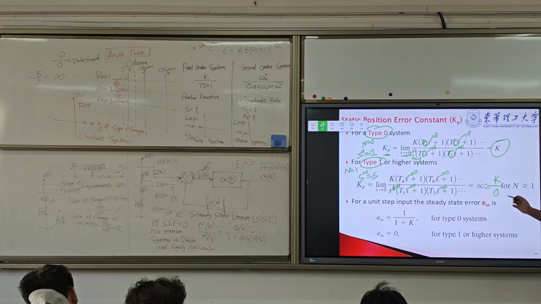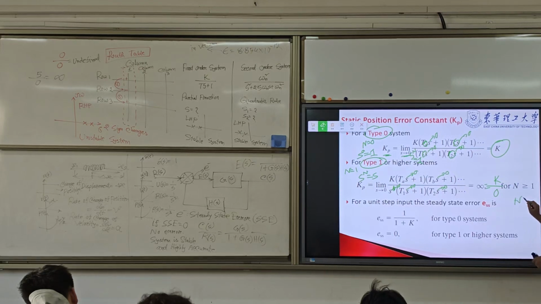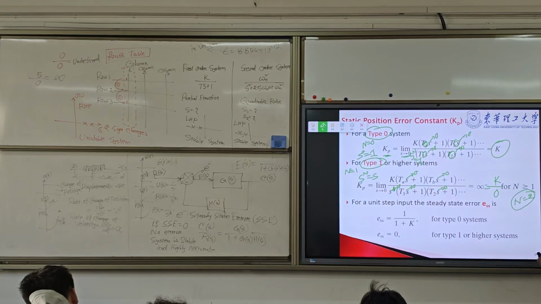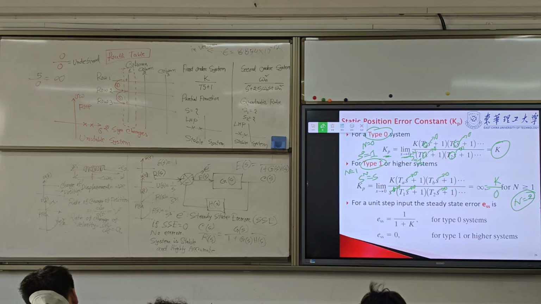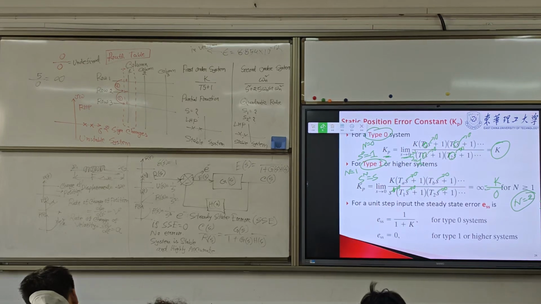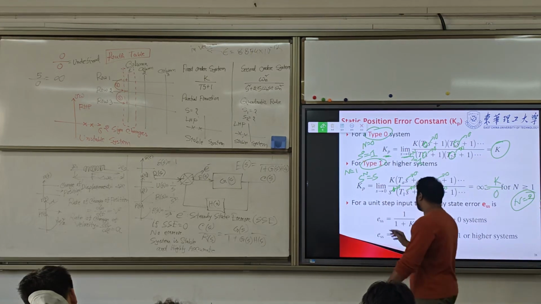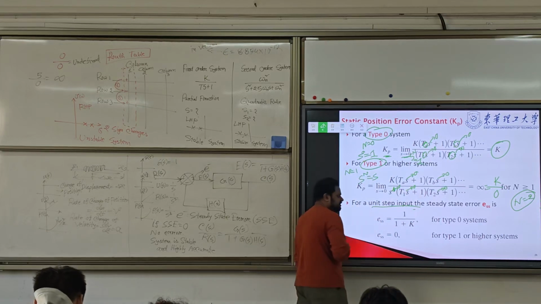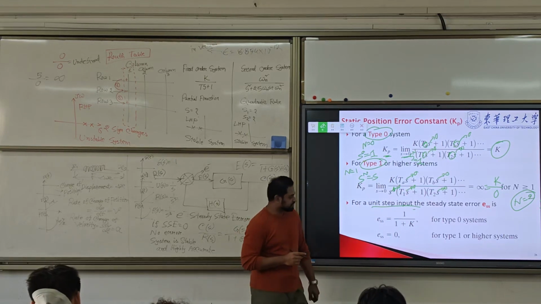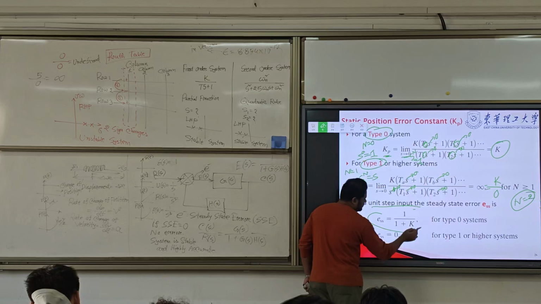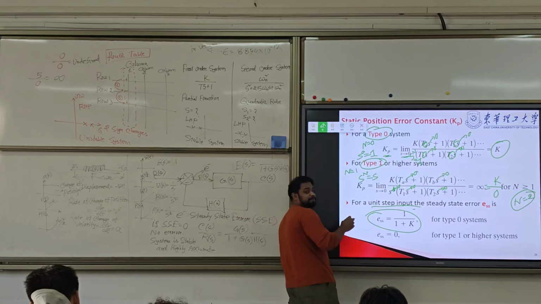Then type 2 here, n equal to 2. That means S power n equals S squared. Now again put S tends to 0, you will get infinity. So for a unit step input, ESS is equal to 1 by 1 plus Kp.